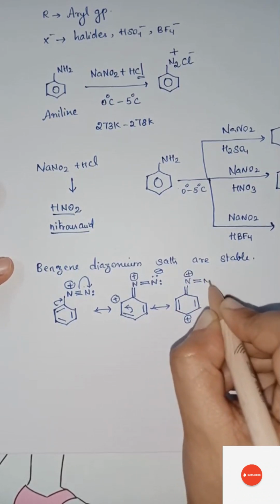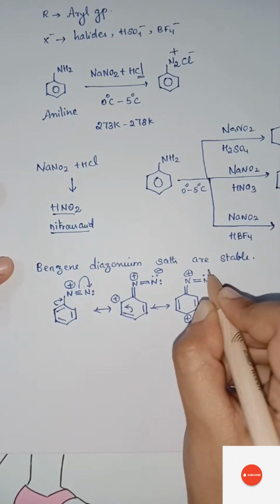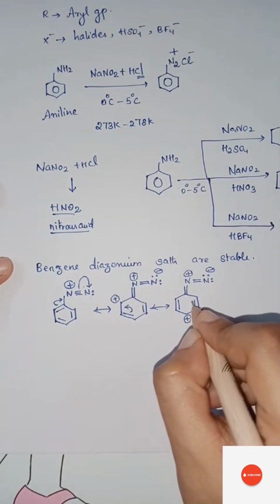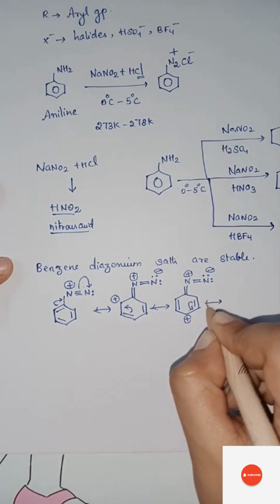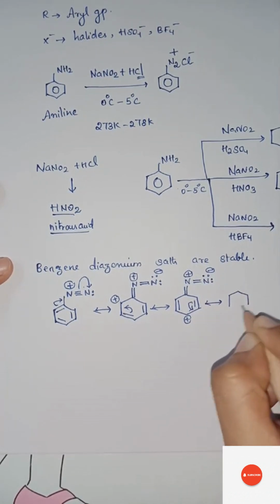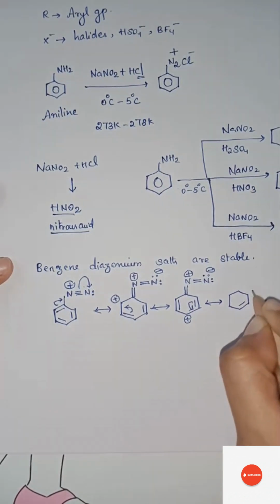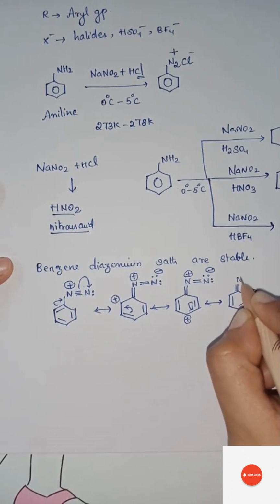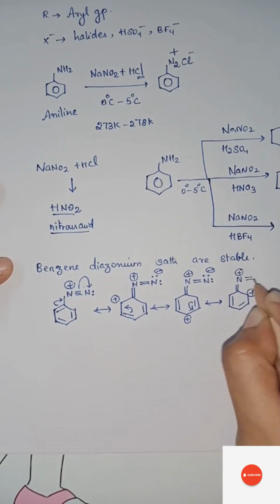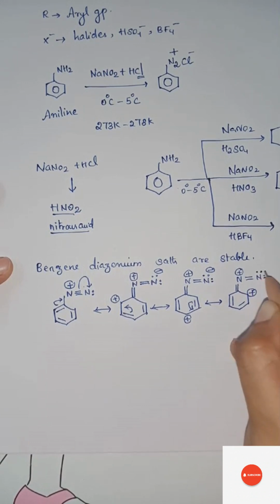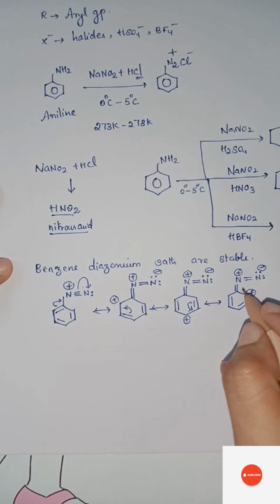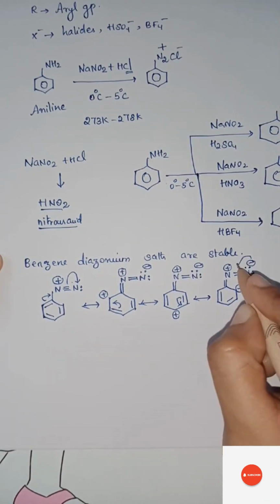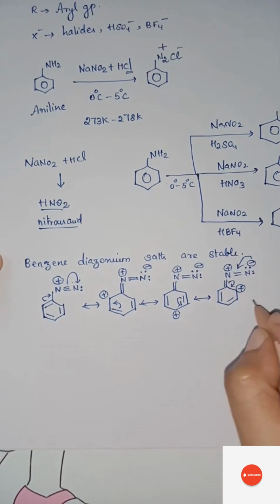Benzene diazonium chloride or any benzene diazonium salt is stable due to this resonance factor. Resonance increases the stability of an organic compound. Not only organic compounds, anywhere resonance stabilization is there, the molecule is considered more stable than the normal molecule.